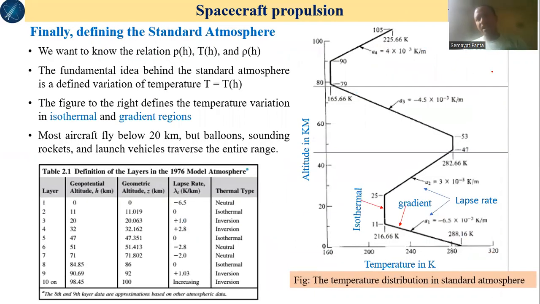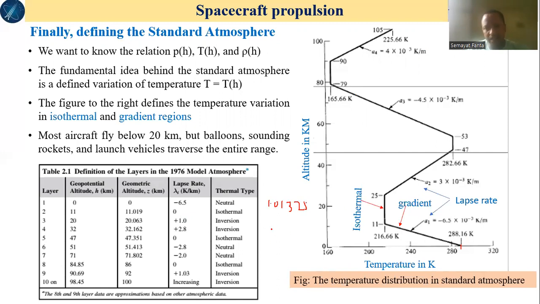As a whole, generalizing, what we have seen is the temperature versus altitude relation. The initial temperature is 288.16 at sea level. The pressure I told you is 1.01325 times 10 to the power of 5 Pascal.